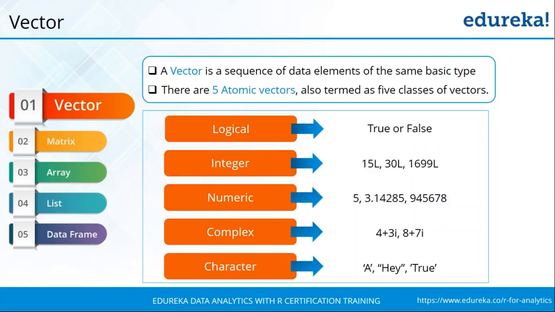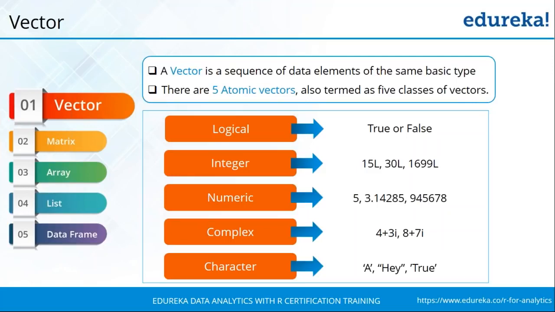And then you have integers. Integer takes a whole number value, whereas numerical data types take both whole numbers as well as a decimal part. Apart from that, you have complex variable and you have a character variable as well, wherein you can store a single character or a sequence of words as well. So are you clear with respect to these 5 atomic types?